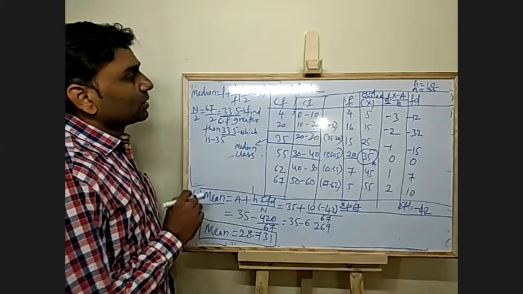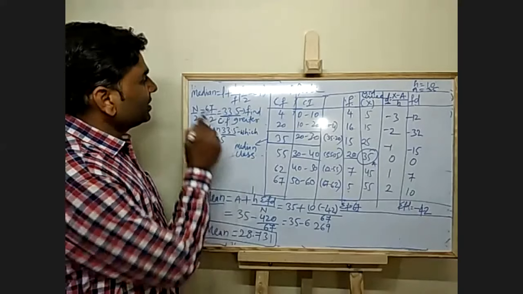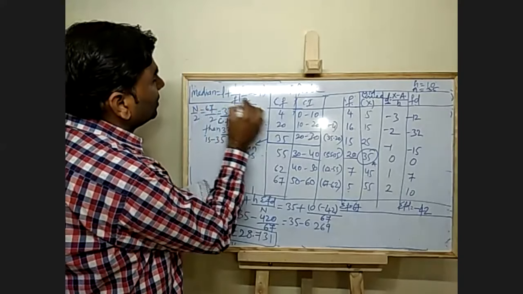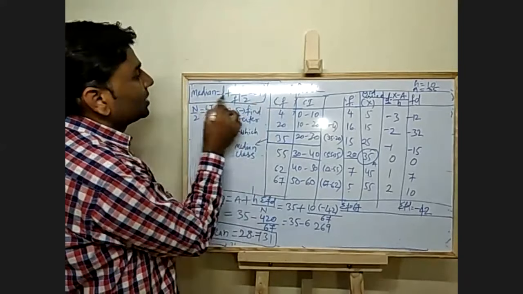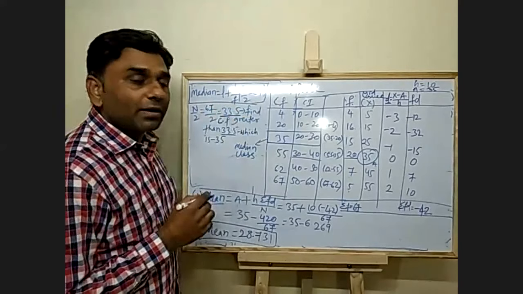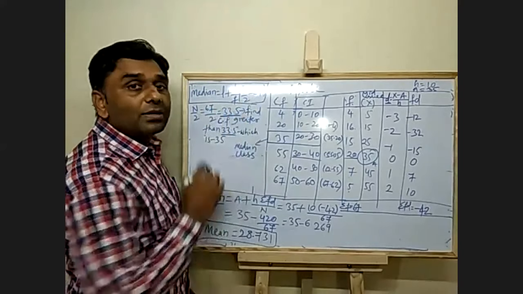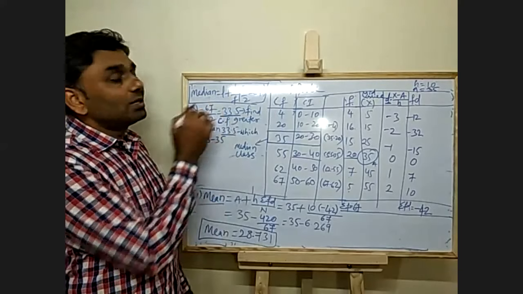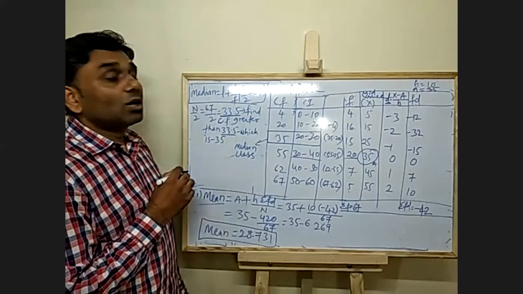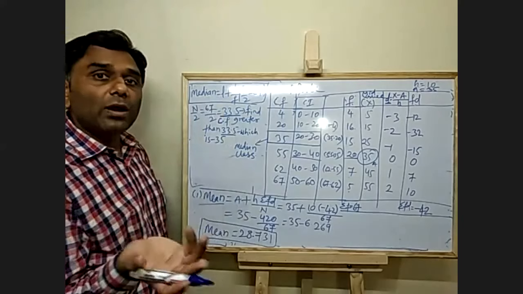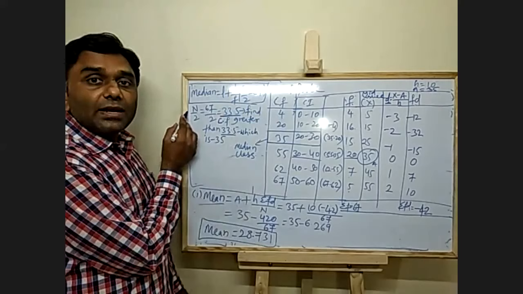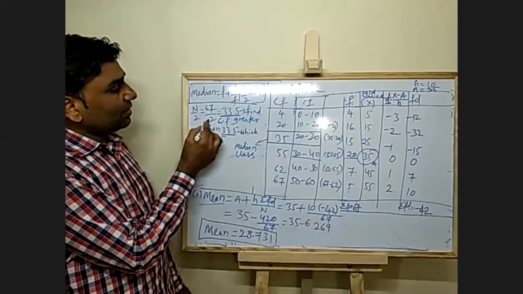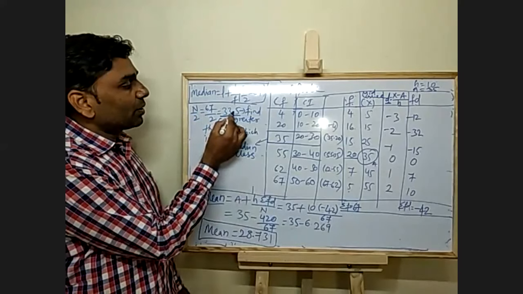Okay, so here what we need is we have to find out median. Median formula is L plus H divided by F, N divided by 2 minus CF. L is lower class limit of median class. How to find out median class? First N divided by 2. N is 67, so 67 divided by 2 is 33.5.